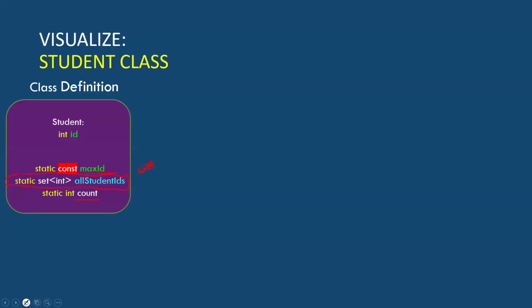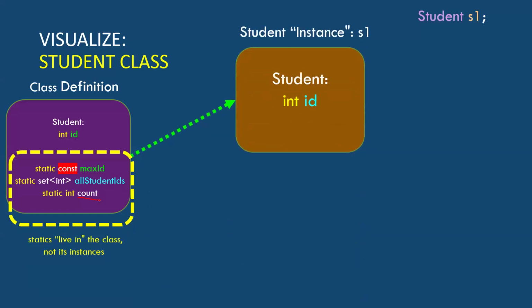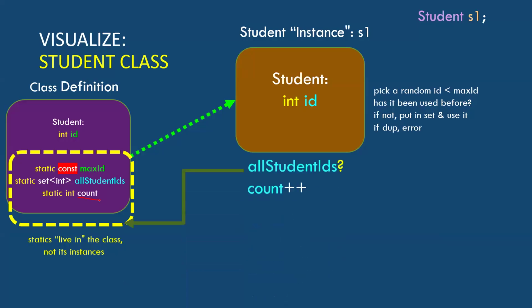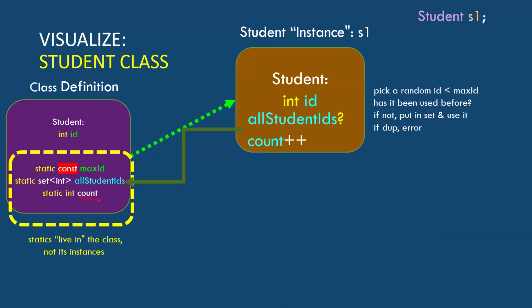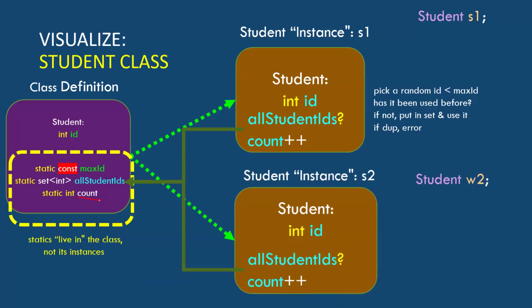There's reasons why it's probably good to have some redundancy here. But those are our statics. We're going to be able to create a student with an ID that's assigned randomly, and then we will store that ID at the factory, and then we'll increment the count at the factory.